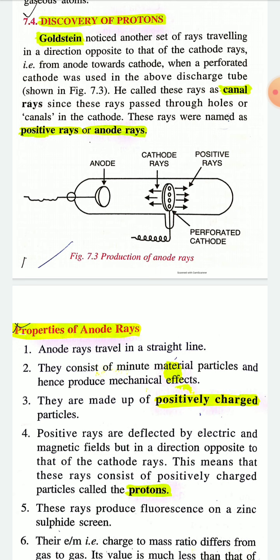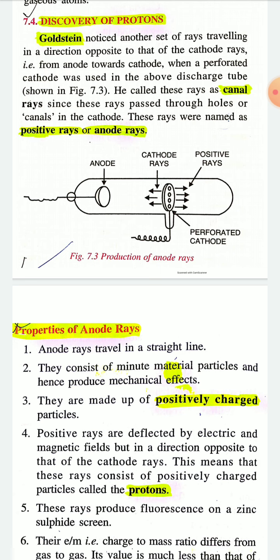So in the same cathode ray experiment, Goldstein noticed another set of rays traveling in the direction opposite to that of the cathode rays. Cathode rays travel from cathode towards the anode, but anode rays travel in the opposite direction, from anode towards the cathode, when a perforated cathode was used in the discharge tube.